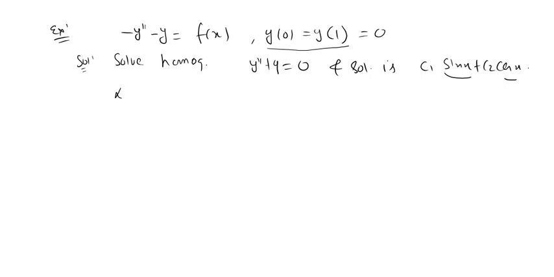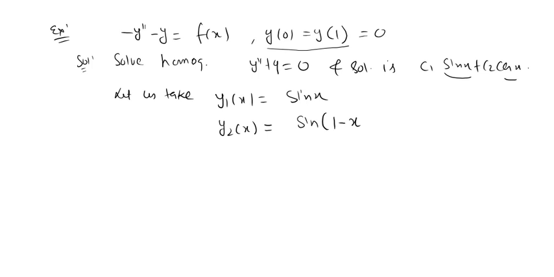Okay, so let us take the first function y1 as sine x, but the second condition is y at 1 is 0, so cos 1 is not 0, sine 1 is also not 0, so you need to modify the second one. We can take y2 equal to sine(1 minus x), and if you expand it you get cos, so it is related to this one, and of course it is a linear combination of both sine and cos.